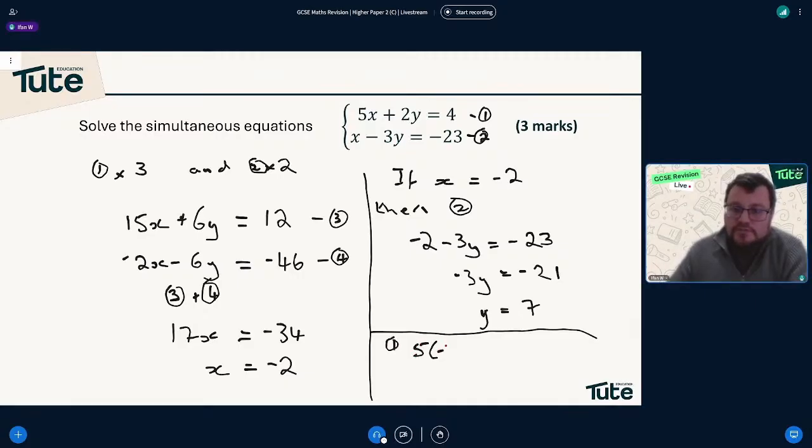So 5 times negative 2 plus 2 times 7. That would give me negative 10 plus 14, and that would give me 4, which is the answer I was looking for.